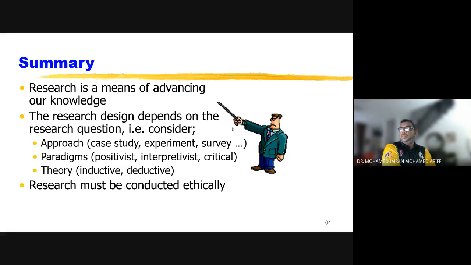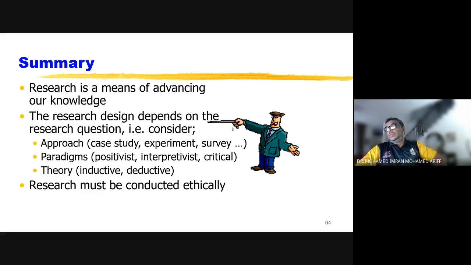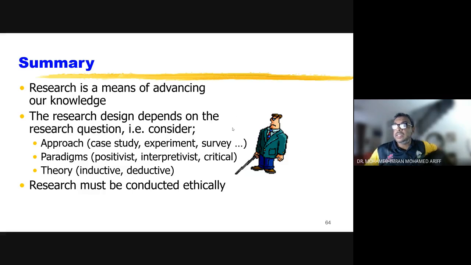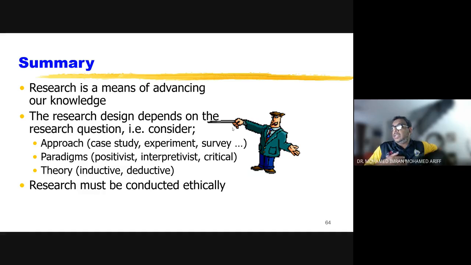Consider the approach, the paradigm and the theory. Kenapa saya letakkan teori di bawah, paradigm di atas dan approach paling atas? So, kenapa saya buat macam tu? Bukannya sepatutnya kita start dengan teori, paradigm dengan approach. Tetapi saya sengaja letakkan approach, paradigm dan teori kerana ini yang saya buat dahulu.